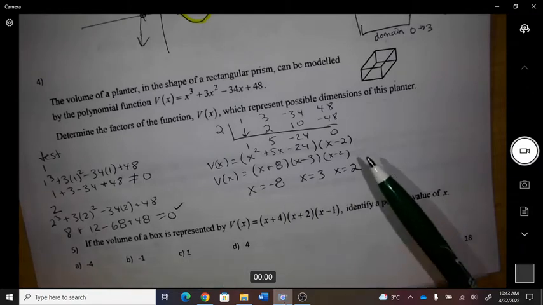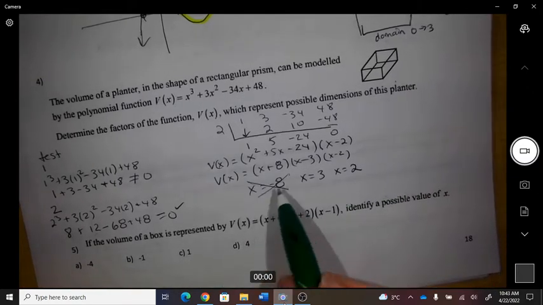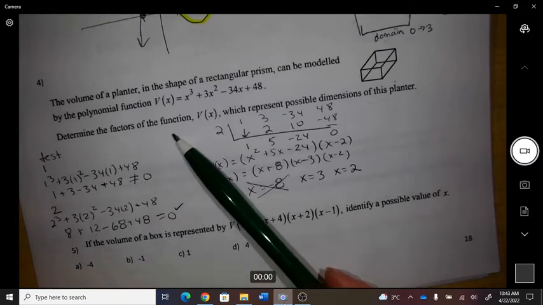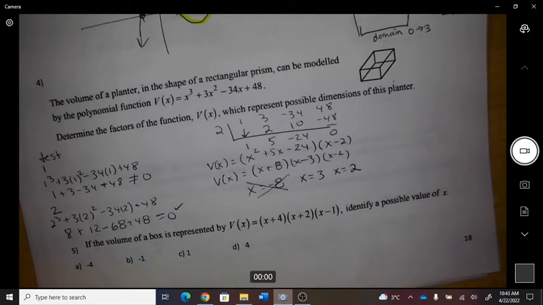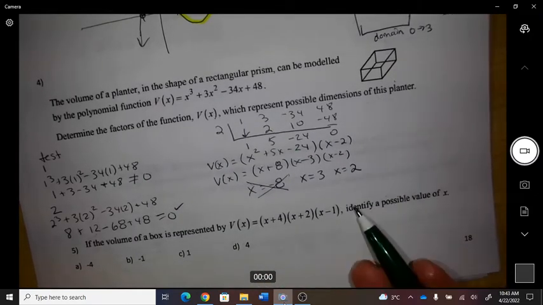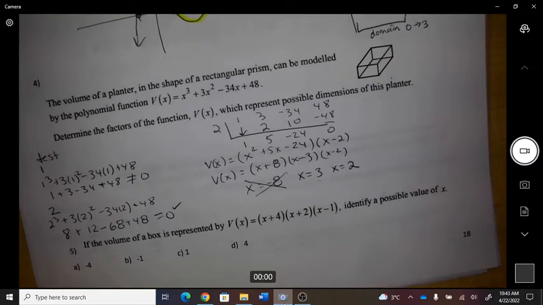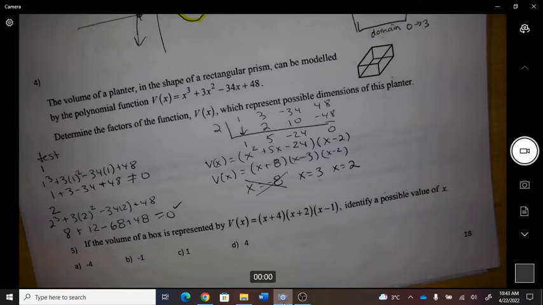Okay, now I can't have negative 8 because that does not make sense. So determine the factors which represent possible dimensions of this planter. So if x was 3, or if x was 2, those would make sense.